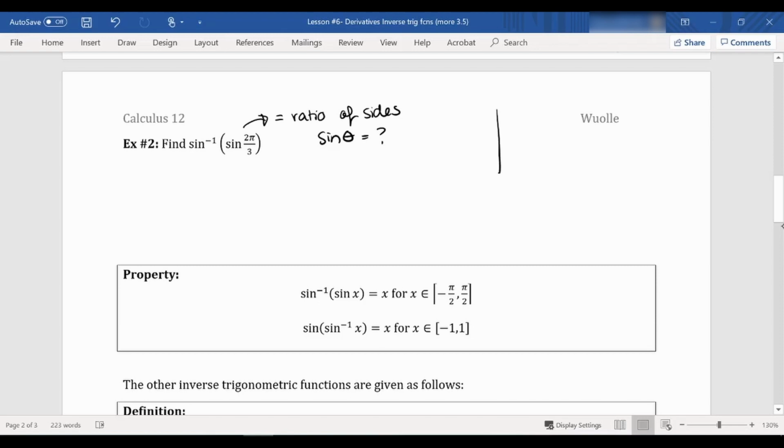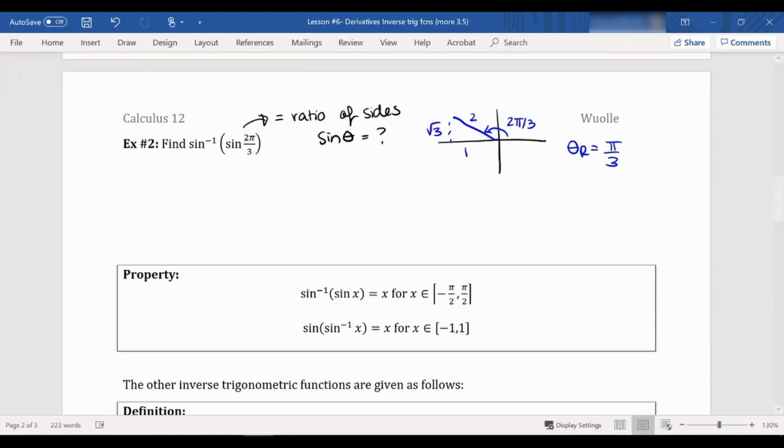So if I draw myself a picture, sine of 2 pi over 3 would be over here. I know that this is a special triangle with a reference angle pi over 3. So my sides of my triangle are 1, 2, and root 3.